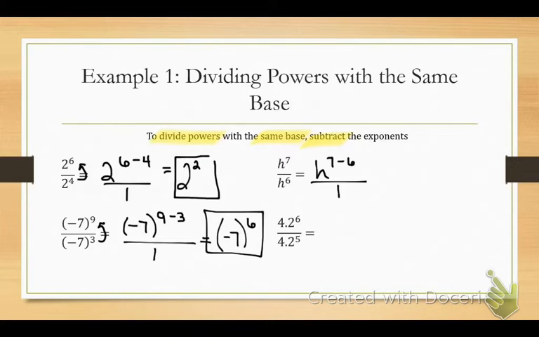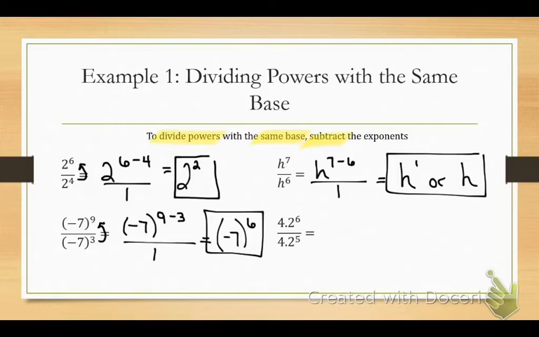Just a 1, because I brought all the powers of 6 that were in the denominator up into the numerator to subtract them. And what am I left with? H to the power of 1. So if it's to the power of 1, I can just leave it H because 1 is understood. So you can write it either way.